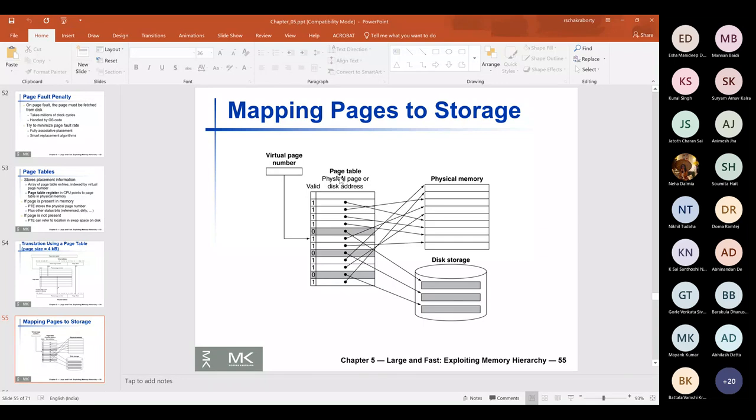Such a cache holds only a part of the page table, only the pages which are currently at play. Again, depending on the principle of locality, your entire address space will not be exercised at the same time.